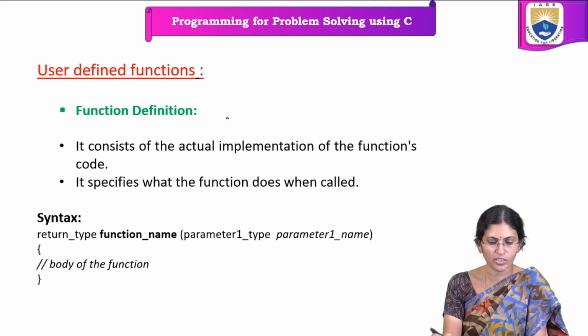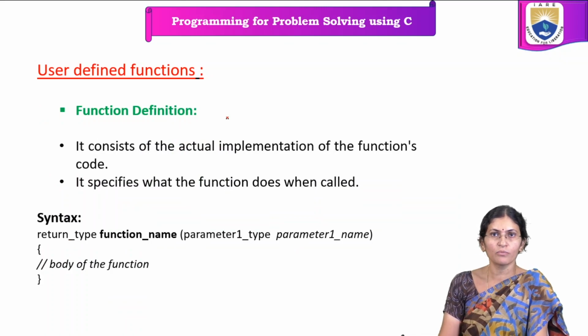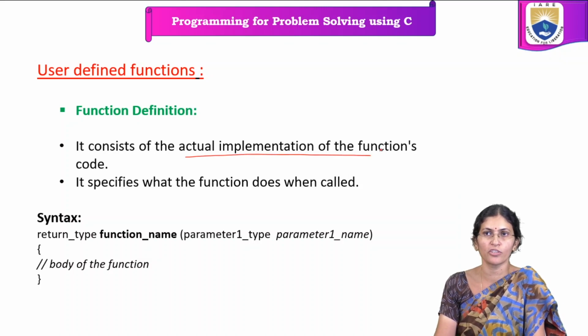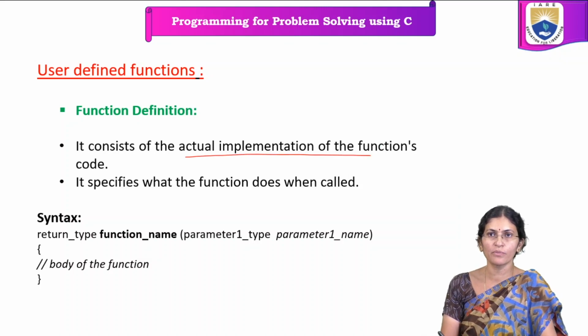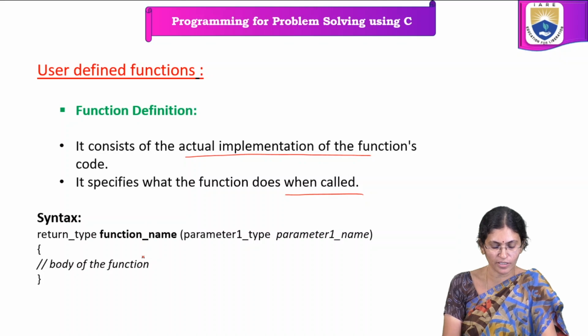Next, function definition. The function definition consists of the actual implementation of the function's code. It specifies what the function does when it is called. The syntax for function definition is return type, then function name, and inside the parentheses we have the type of the parameter and then the name of the parameter.